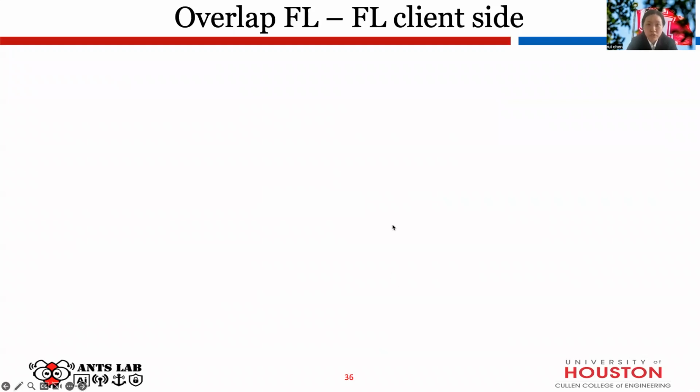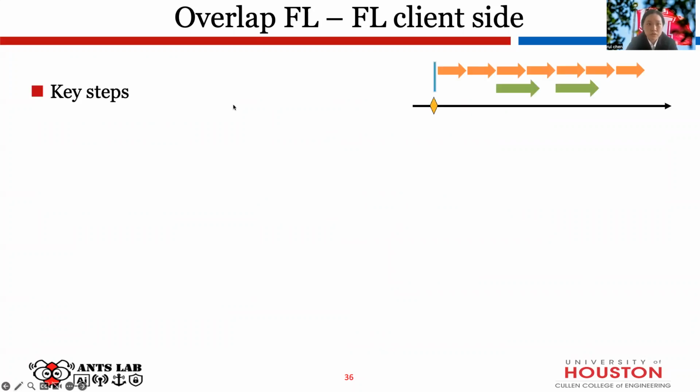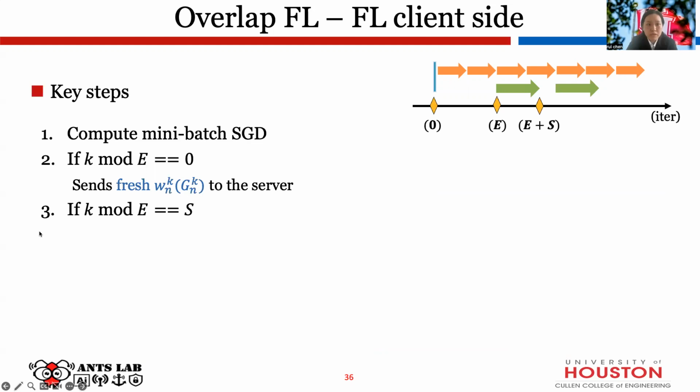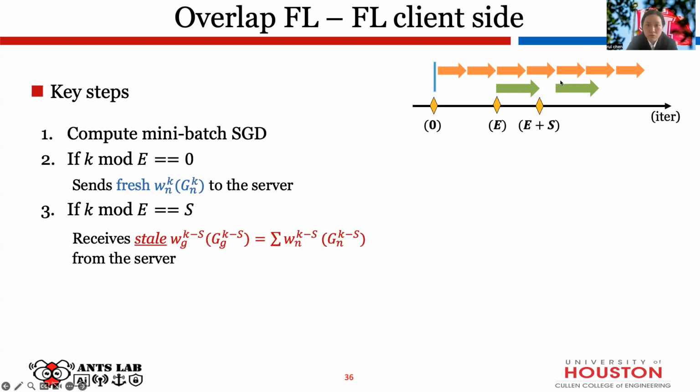Since there's no change on the server side, I will mainly talk about the local training for the federated learning clients. First, they will do data sampling and do SGD mini-batch updates. And when it is time to send the models, they will send their fresh model weights or the model gradient to the server. By the time the global model has arrived, they have already performed the local training for extra S iterations.